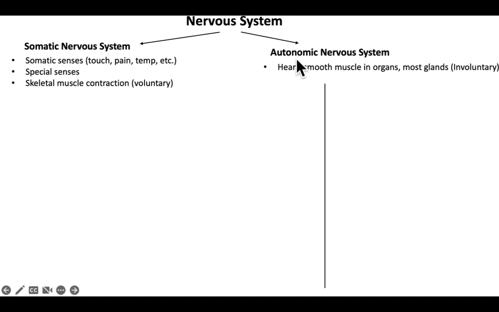Autonomic is going to have senses from internal organs. We call those visceral senses. So we'll be monitoring our internal environment. Maybe we're monitoring blood pressure or blood chemistry, or maybe we're monitoring whether there's food in the GI tract or whether there's urine in the urinary bladder.